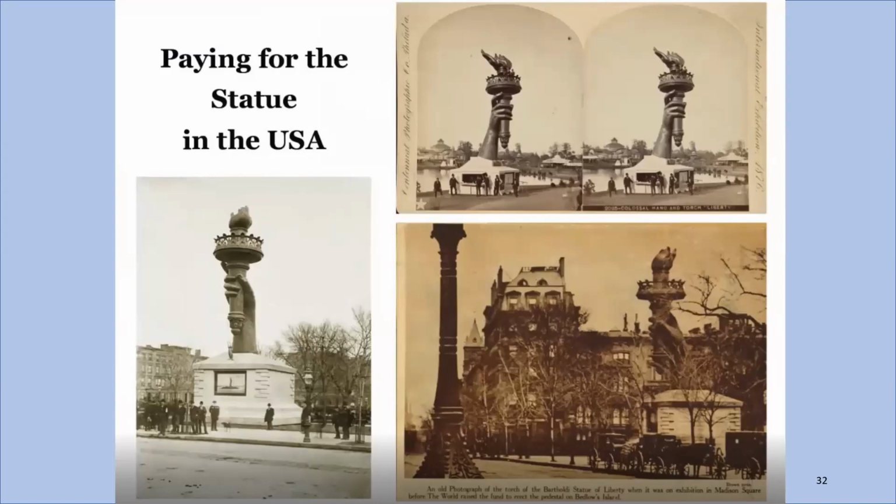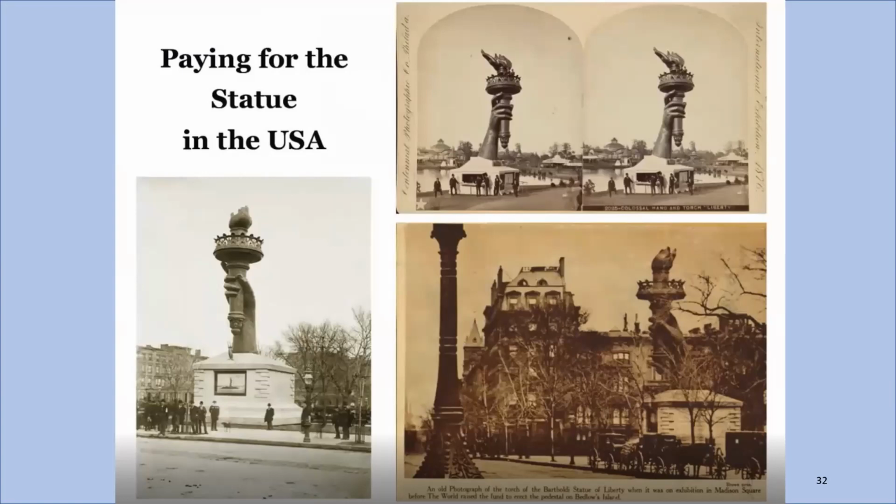Well, in 1876, the torch and the arm arrived here, and it was first put at the World's Fair Exposition in Philadelphia in 1876. It remained there for a year, and then it was sent up to New York, where it spent the next 5 years on the corner of 25th Street and 5th Avenue in Madison Square Park.